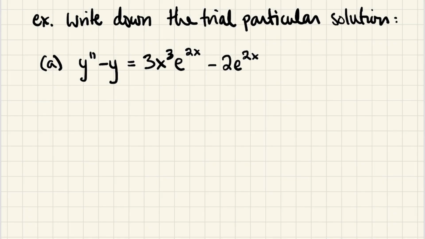Okay, so I think the best use of our final few examples is just to practice writing down the trial particular solutions, meaning the forms, without actually working out all the coefficients, because that's just mechanics.